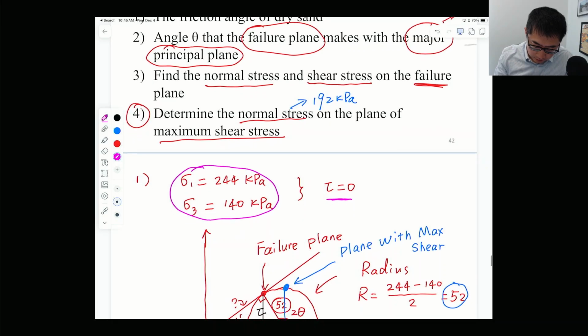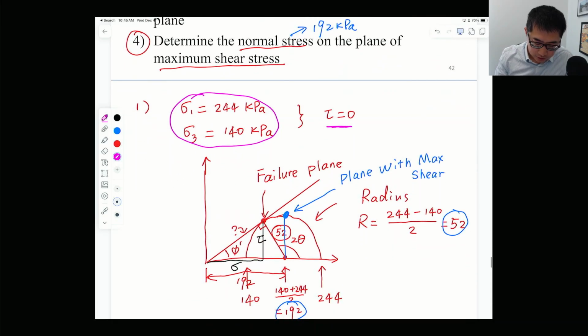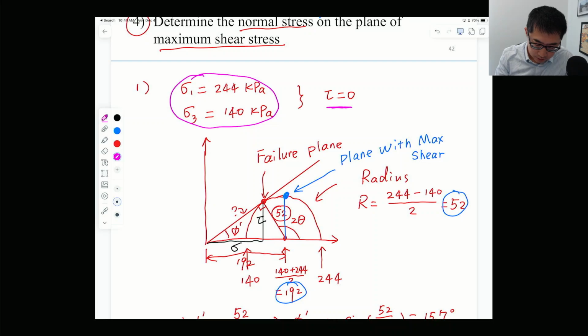So with that information, you can very quickly plot the Mohr circle, with 140 and 0 on the sigma and tau axes, and also 244 for sigma 1.